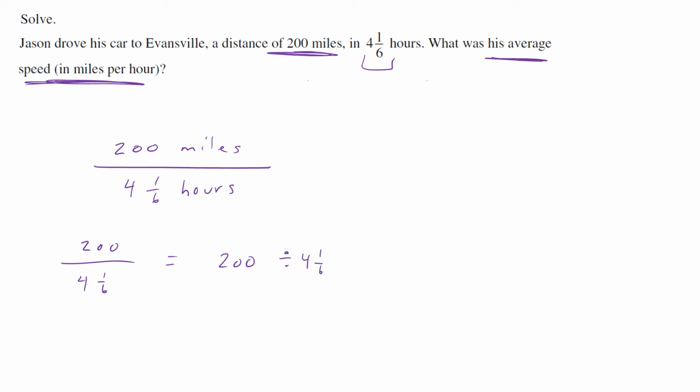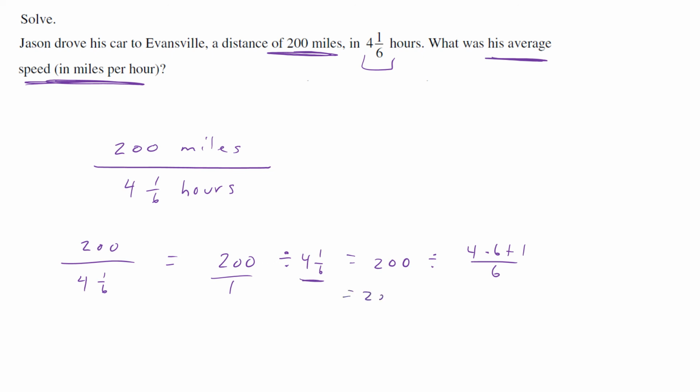To do that division, we want to convert both of these to improper fractions. So 200, we can just write that as 200 over 1. But then our 4 1/6, that's going to be 200 divided by 4 times 6 plus 1 over 6. We're converting this mixed number into an improper fraction.